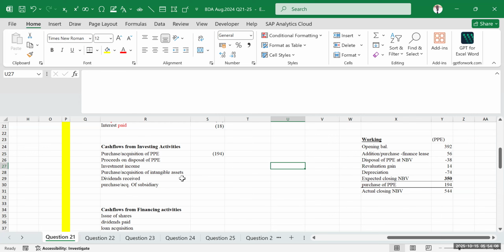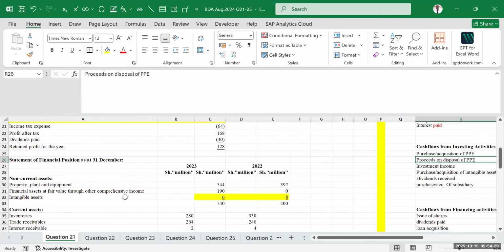Then, before we go very far, let me just talk about these proceeds on disposal of PPE. That was given in note number 2.